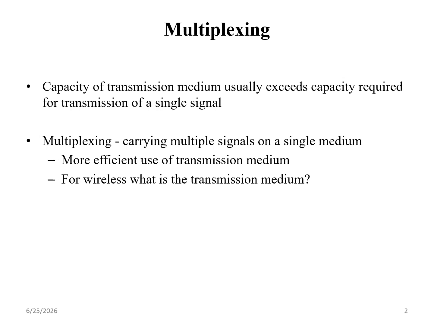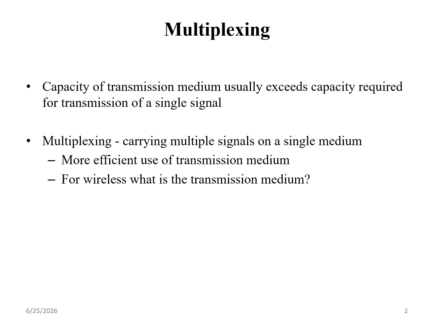The capacity of a transmission medium usually exceeds the capacity required for transmission of a signal. Once you are going to communicate, the capacity of the transmission medium plays a major role.